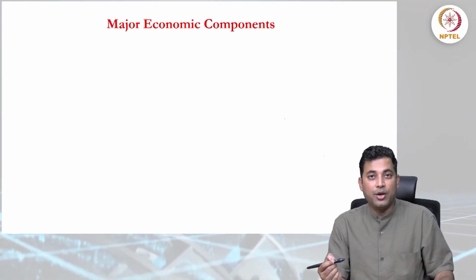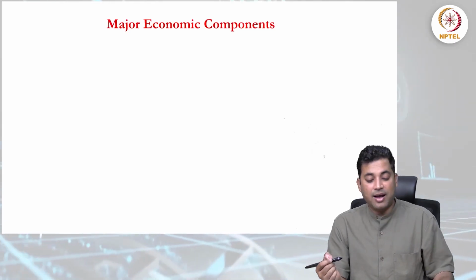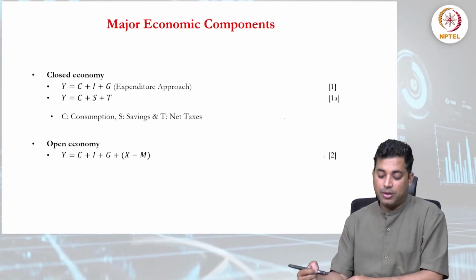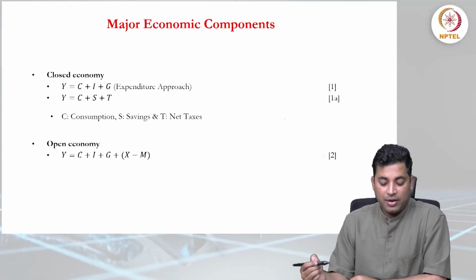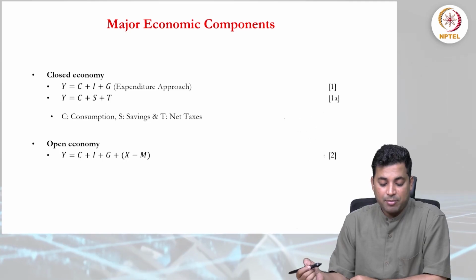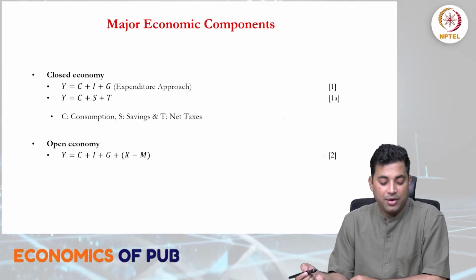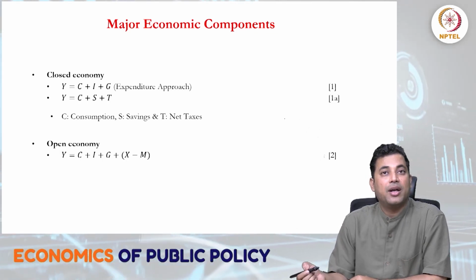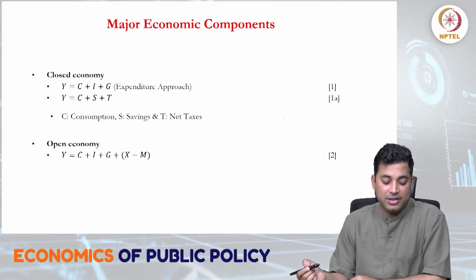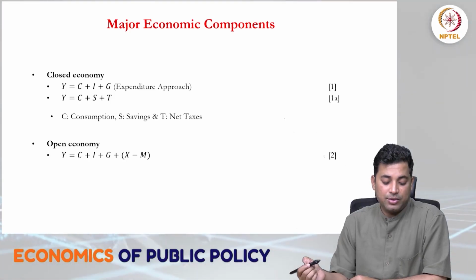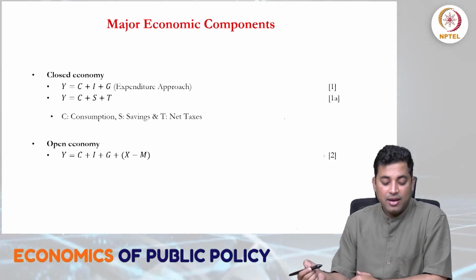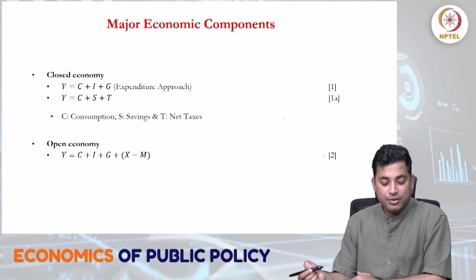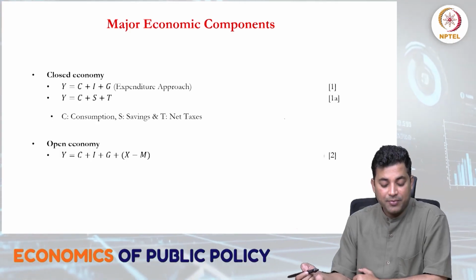Here we already introduced this in our last class. These two equations, 1 and 1a, apply if we follow the expenditure approach. In case of a closed economy we already discussed Y equals C plus I plus G, and then Y equals C plus S plus T. So even if we follow the income approach, this is also a good way to understand.